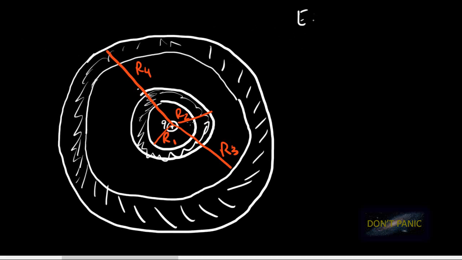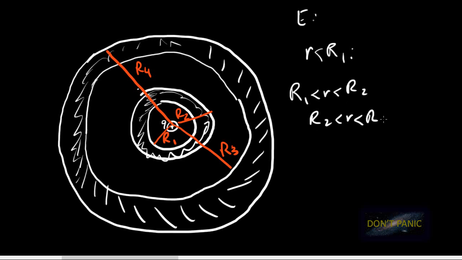So this is empty space, and this is a conductor, then this again is empty space here, then this is a conductor, and then this here is empty space again. So we have to find the electric field for R less than R1, R1 less than R less than R2, R2 less than R less than R3, R3 less than R less than R4, and R greater than R4.